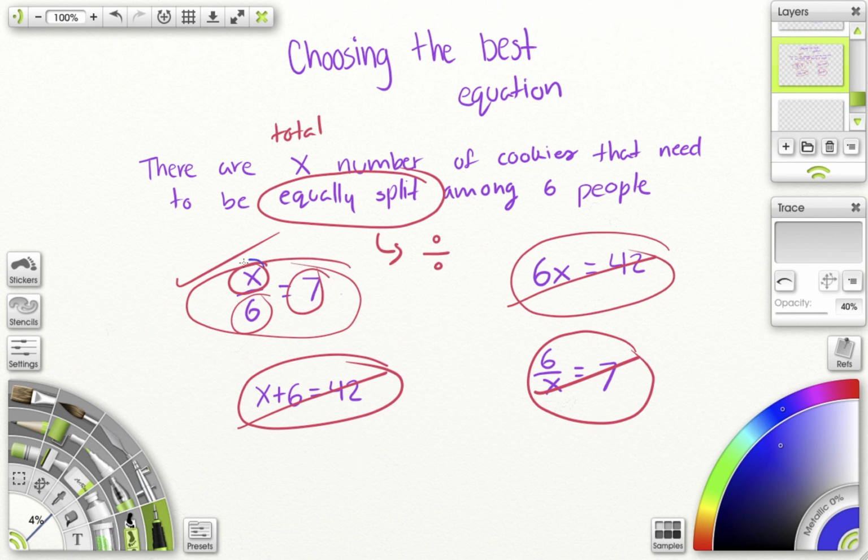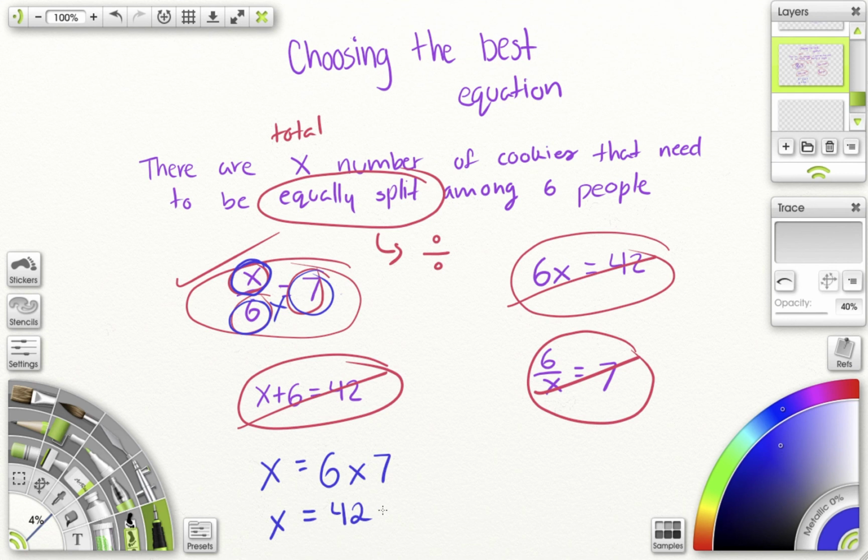We know that if our unknown number or our variable is on top, we take these two numbers and multiply them. And that will give us what the variable is. So x equals 6 times 7. So therefore, x is equal to 6 times 7, which is 42.